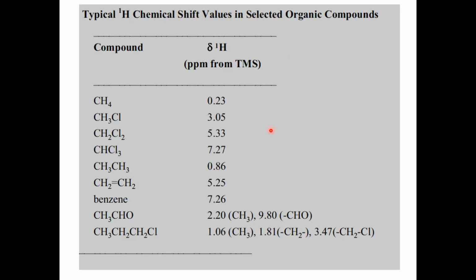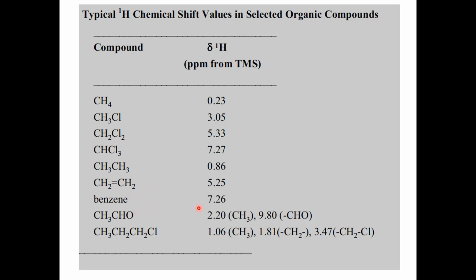These are the values of chemical shift for certain protons. We can observe here that the chloro substituent, an electronegative substituent, causes a de-shielding effect for the proton in methane. The increase in the number of chlorines increases the de-shielding effect. In chloroform, for example, the proton resonates at 7.7 ppm. Olefinic protons are de-shielded due to the sp2 carbon here.